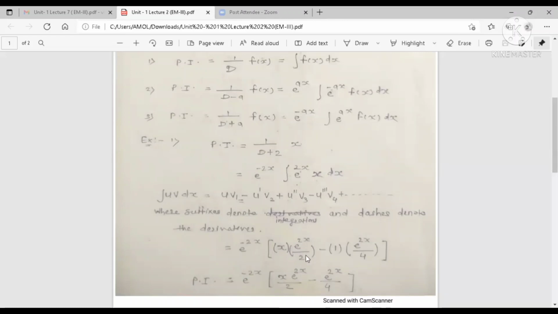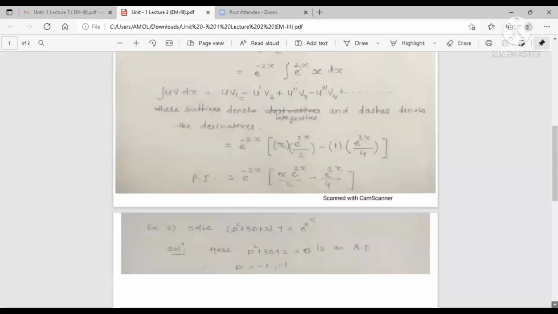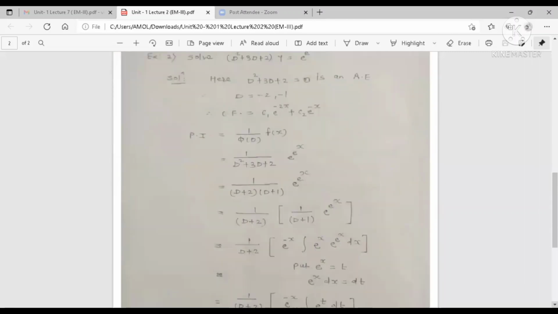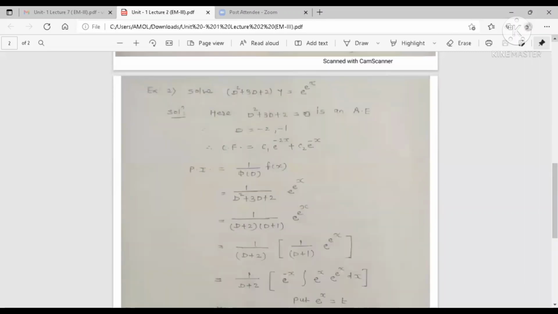Its integration is e to the power 2x upon 2, and already 2 is there, so 4. If we simplify it, we have the PI equal to e to the power minus 2x in brackets, x into e to the power 2x by 2 minus e to the power 2x by 4. This is the answer.